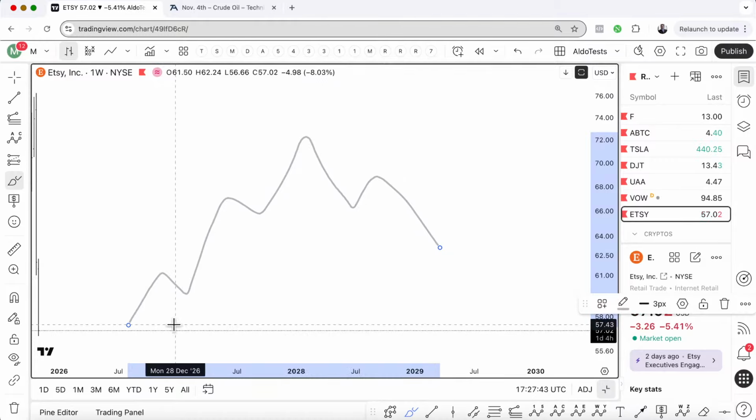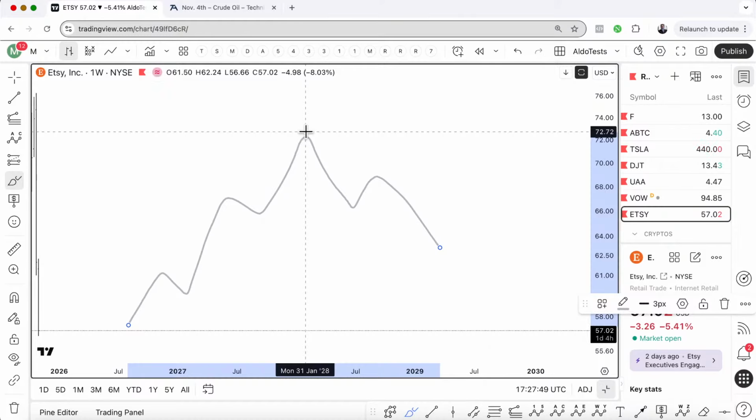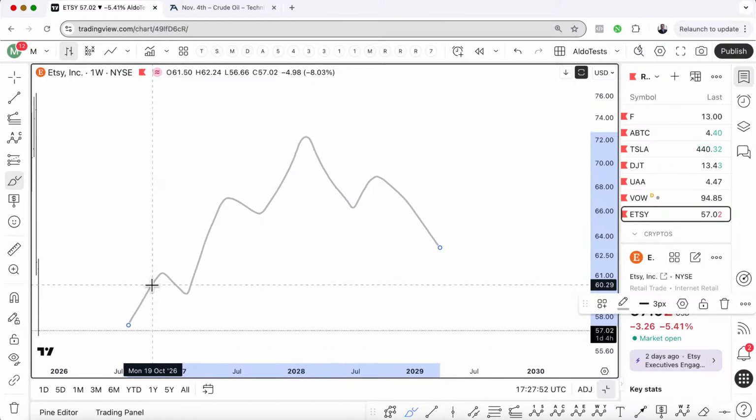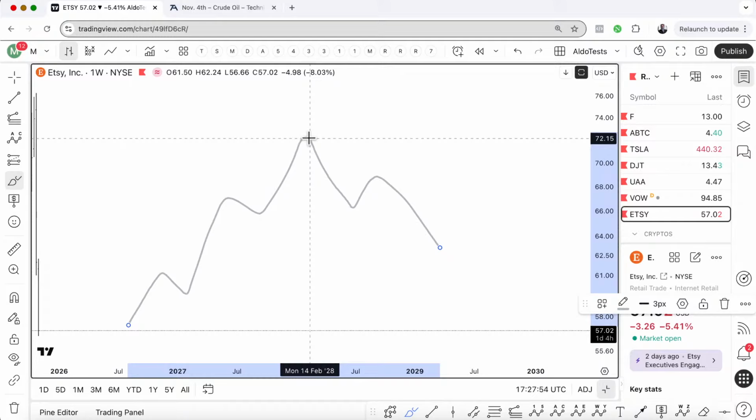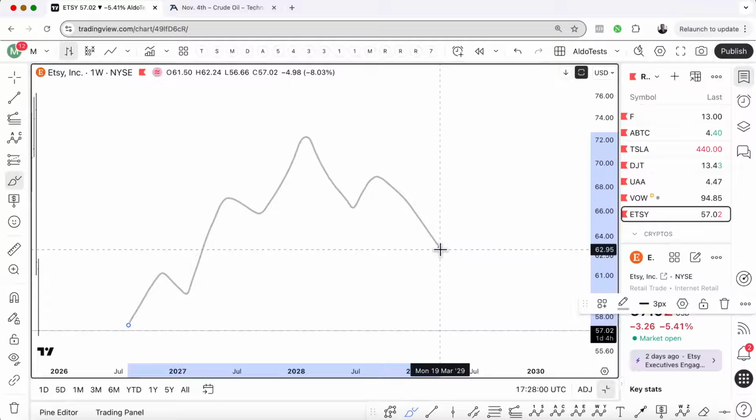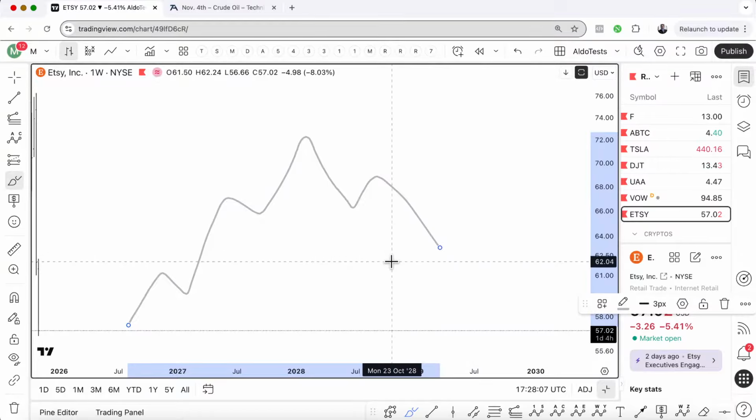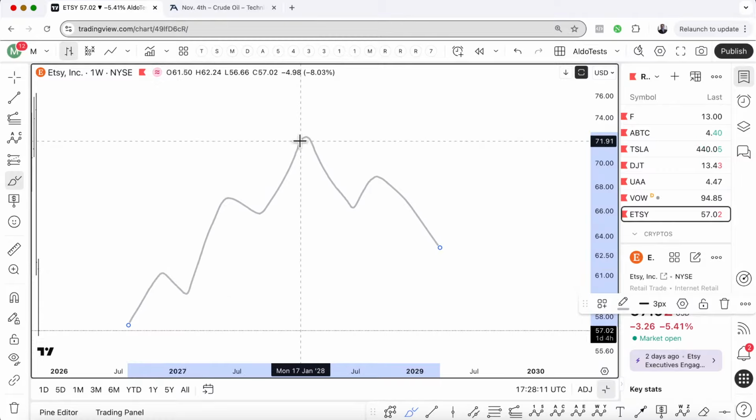Because once you identify 5 waves in one direction that follow the 3 rules that we discussed, and these 5 waves are followed by 3 counter trend waves, then we have a perfect setup. So here it is. We have here the 5 waves of an impulse.